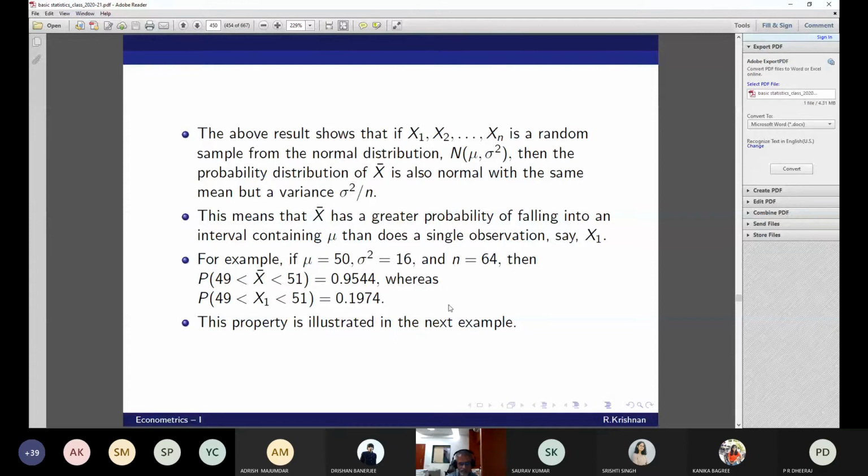So n greater than 30 has a small caveat. The original distribution is at least symmetric, about which we also do not know. So these are the 3 points. I think I have a picture later on which will show this.